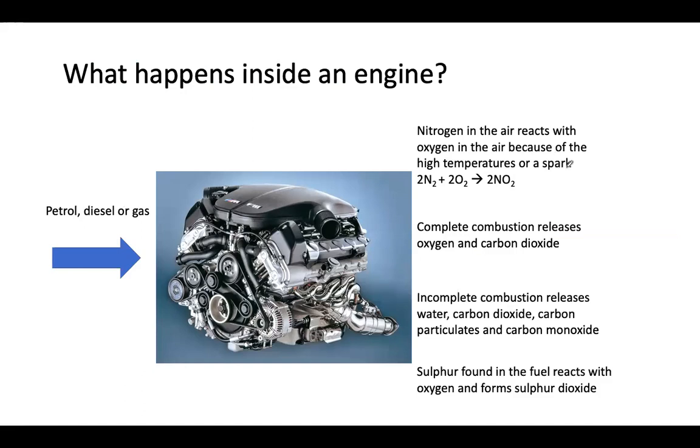And also inside engines, we've got things that cause a spark, and they provide the activation energy for the reaction to happen. So nitrogen gas in the air reacts with oxygen gas in the air to produce nitrous oxide compounds. All right, nitrous oxide compounds are an atmospheric pollutant, and we'll talk about that later in the presentation.